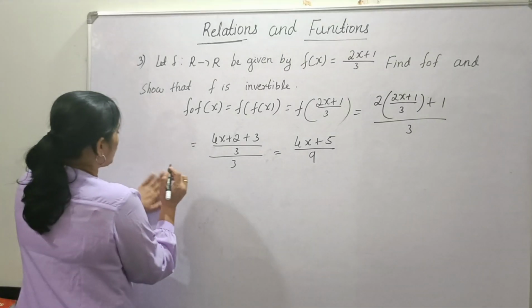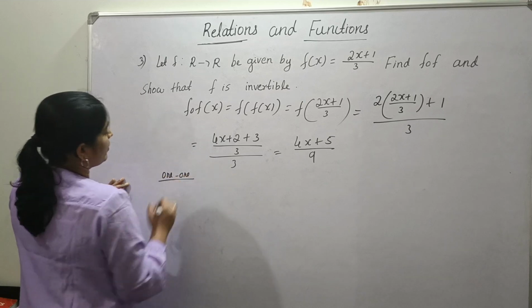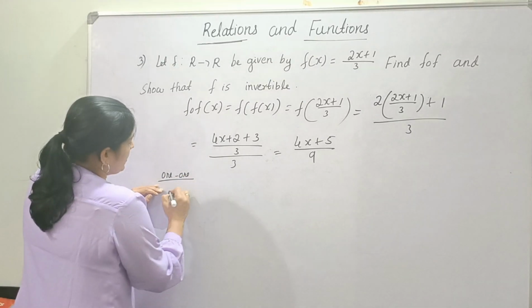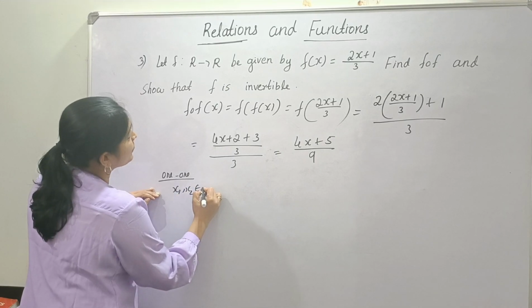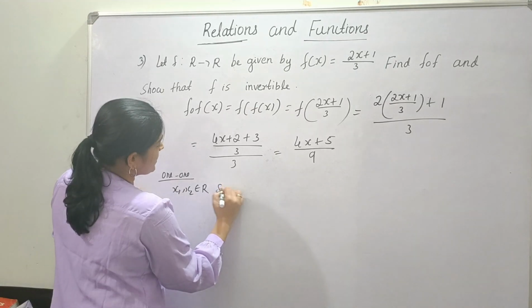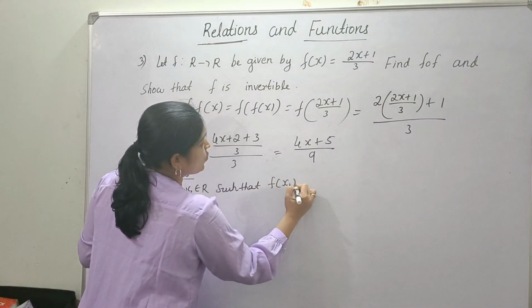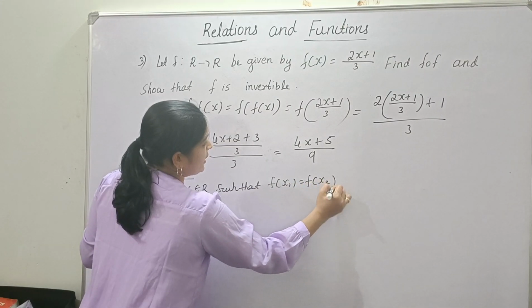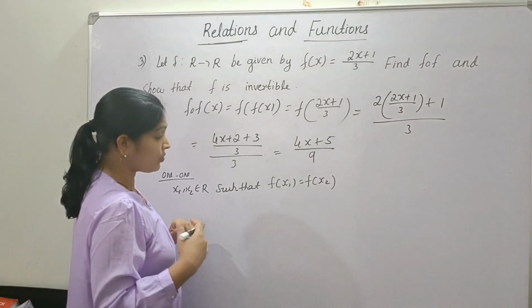Now let us check whether this function f is 1-1 and onto. First of all, for 1-1, we will take x1, x2 belonging to R such that f(x1) is equal to f(x2). In this way, we will check whether this function is 1-1 or not.